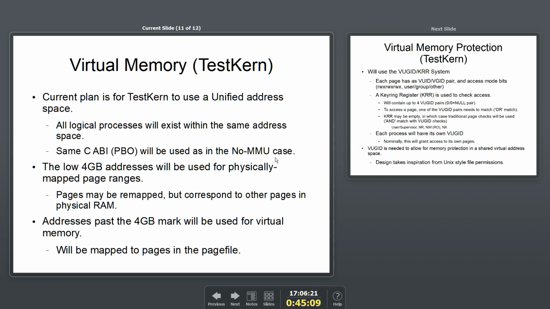This is partly for various reasons, but real-time tasks that aren't using virtual memory will effectively need to operate as if there was no MMU at all, pretty much. So that kind of follows. And in the case of logical processes using the larger virtual address space, the same no MMU model still makes some sense in this case.